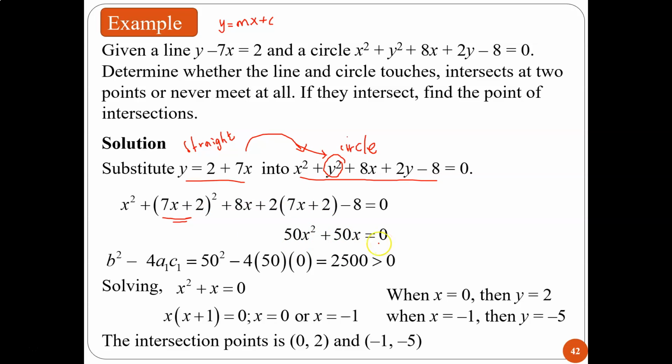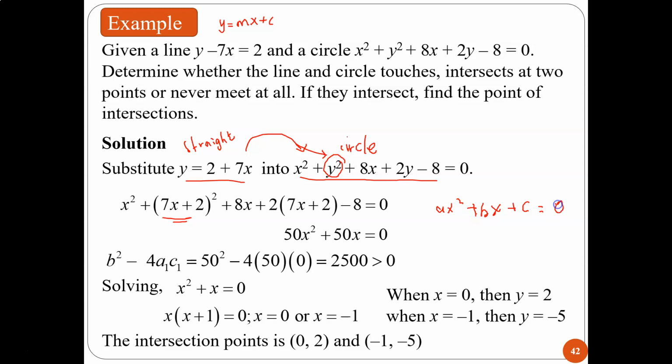So now, this is your a. 50 is your b, when we compare to the general or standard form of a quadratic equation, ax squared plus bx plus c equals 0.